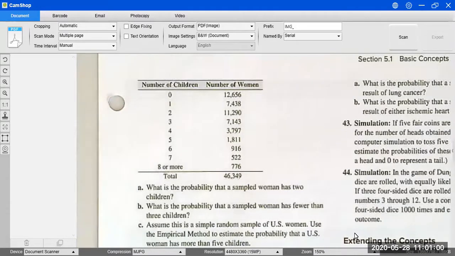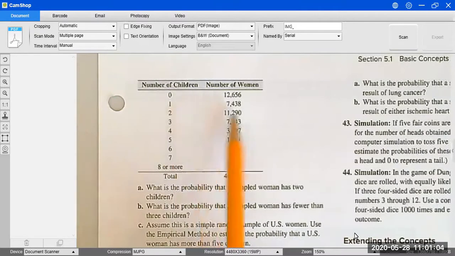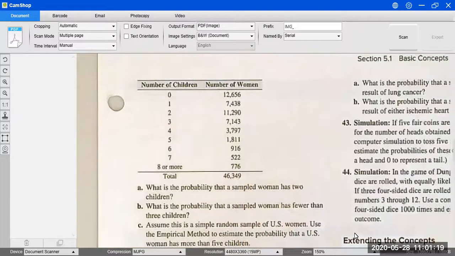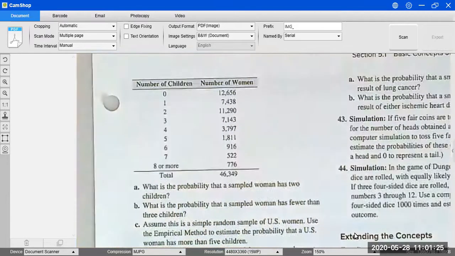To solve that question, you need to look at the row for number of children 2. There you have 11,290 women, and you divide that by the total frequency, which is 46,349. But that is a single event. Just having two children is a single event.